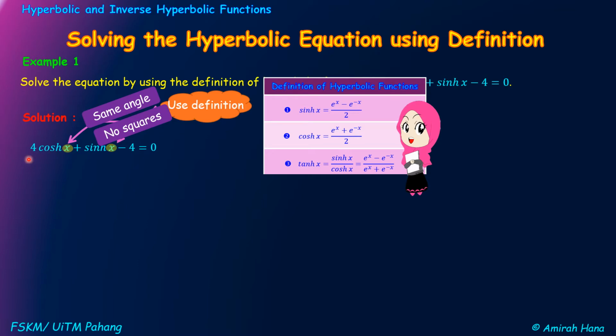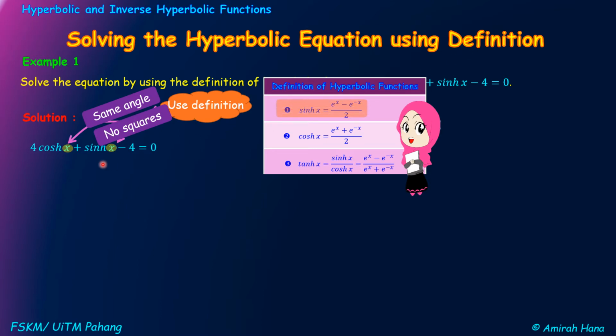If the equation has squares, never use the exponential function because it is hard to expand a square. If we have the same angle and no squares, we can solve using definition.